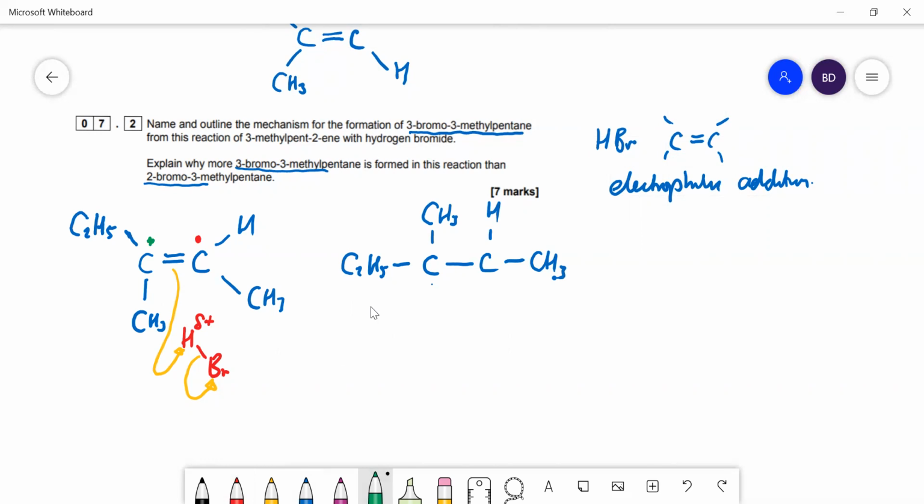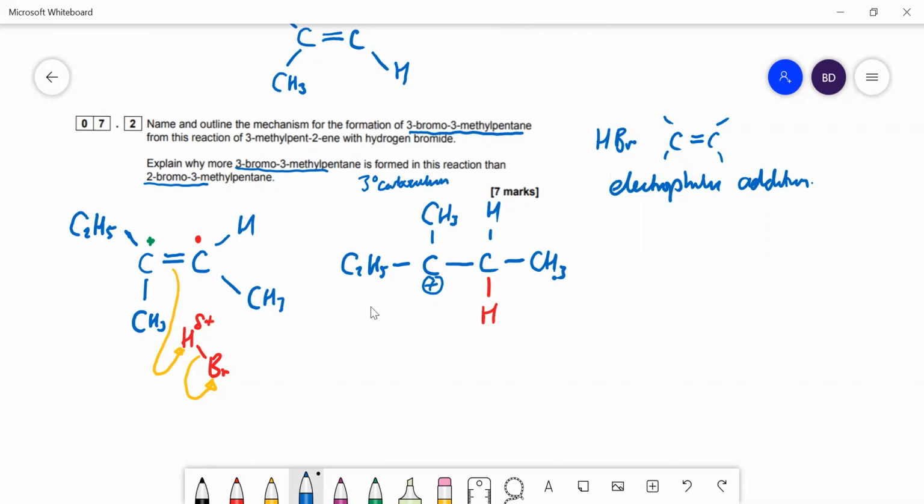Now to give us the major product, the hydrogen goes to that one there, and that means this is a carbocation. So what kind of a carbocation is that? It is a tertiary carbocation.